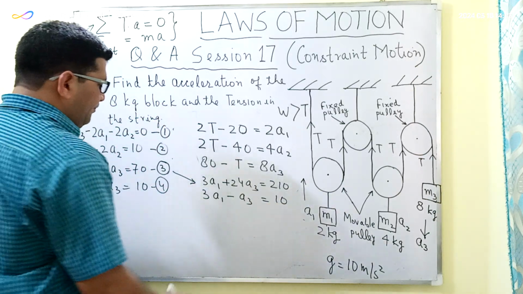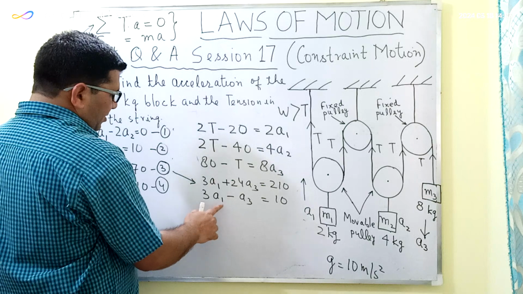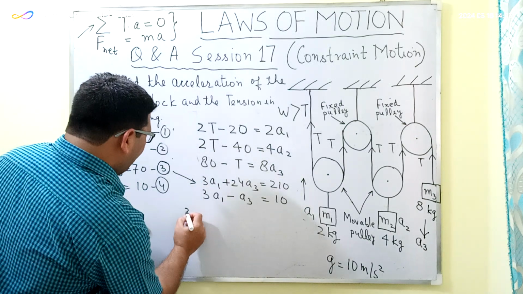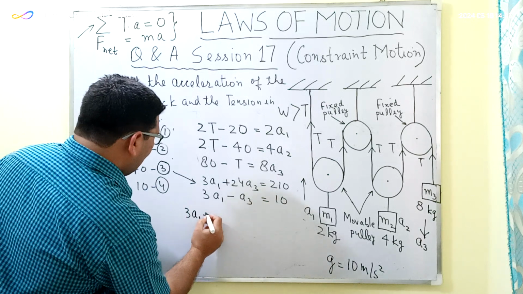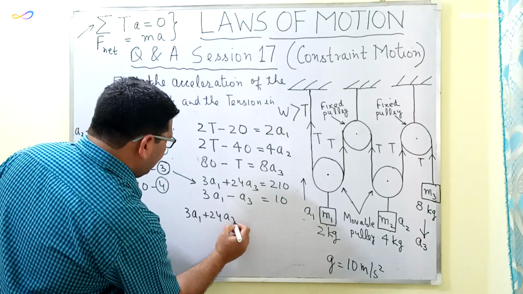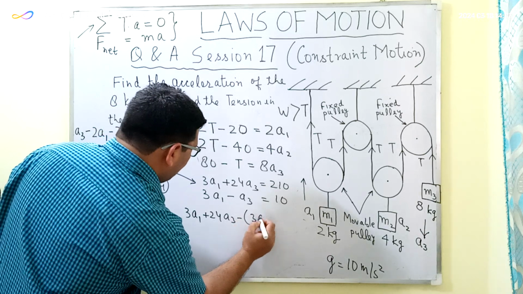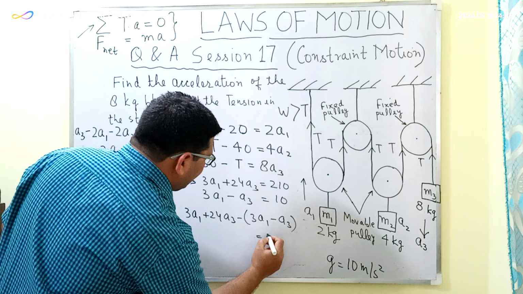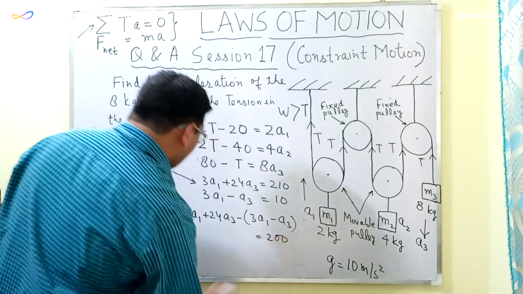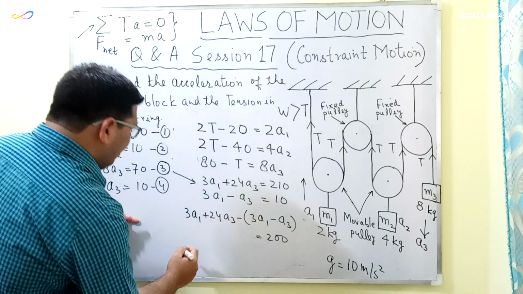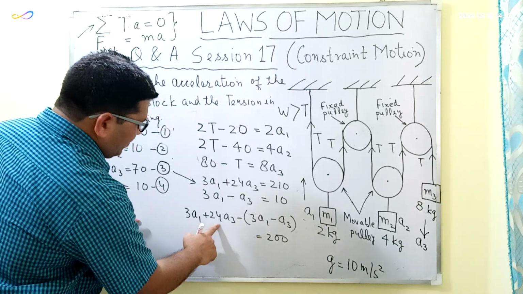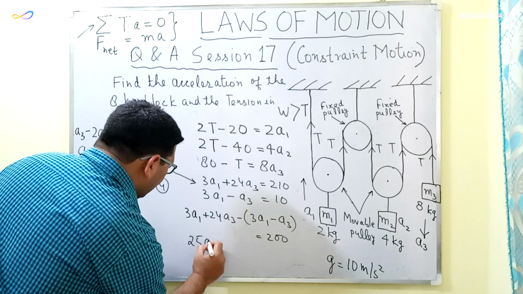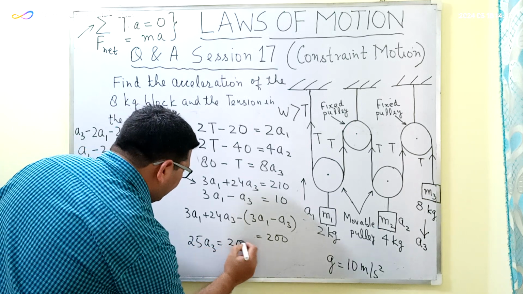Now if I subtract this equation from this equation, I will be getting 3A1 plus 24A3 minus 3A1 minus A3 is equal to 210 minus 10, that is 200. The 3A1 and 3A1 will get cancelled out, and minus minus will become plus, so 25A3 is equal to 200.